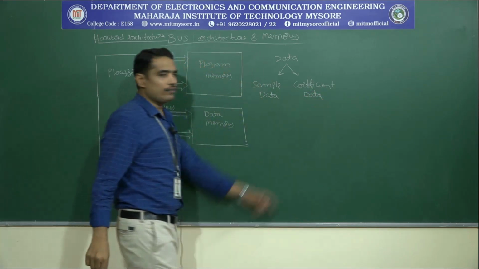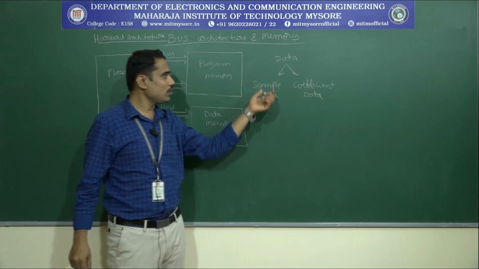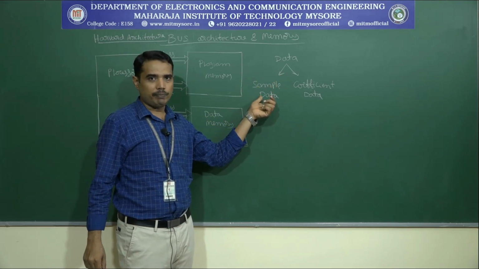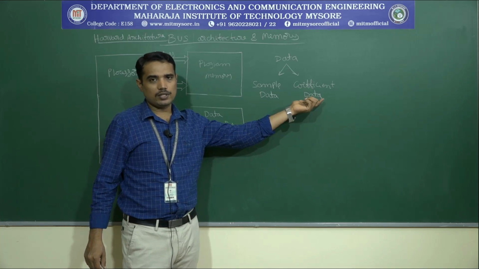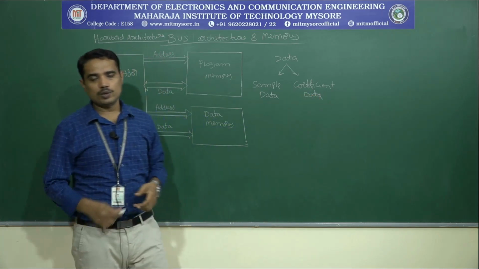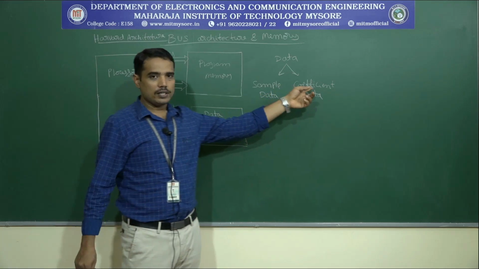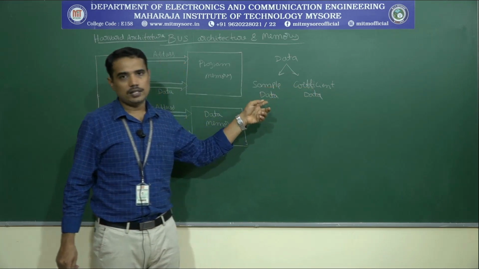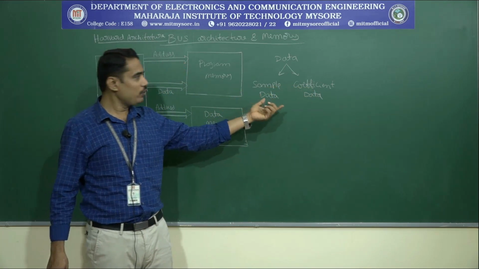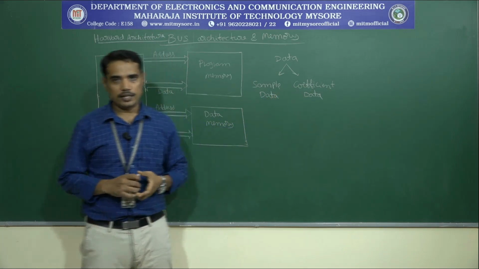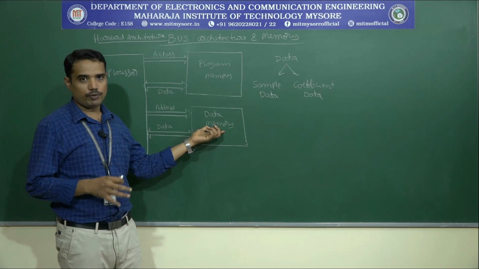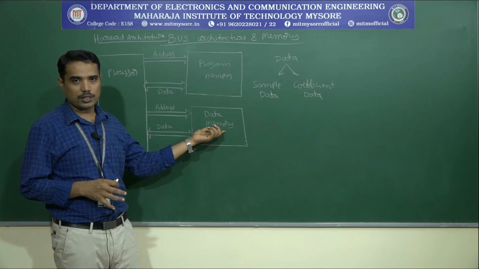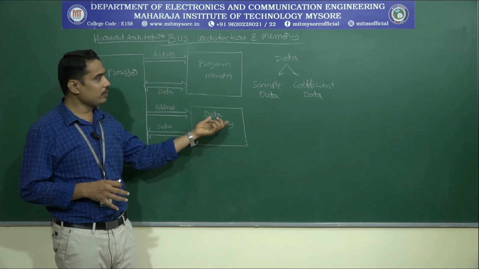In data itself, we have two types of data. The first type of data is sampled data. The second type of data is coefficient data. The example for coefficient data is filter coefficients. Such type of data and the sampled data. With respect to this, now we are having two types of data. If you follow only a single data memory, then what happens?